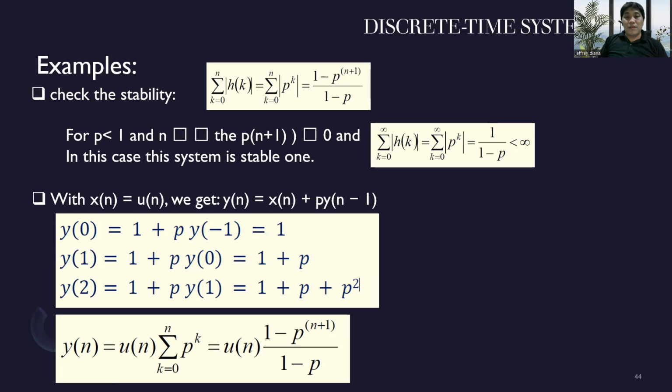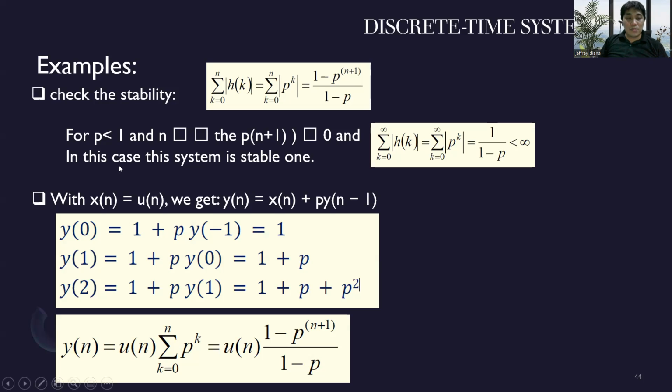So for the infinite summation from k equals 0 of h[k], this equals the summation to infinity of p to the power of k, which is 1 over (1 minus p). This is less than positive infinity.